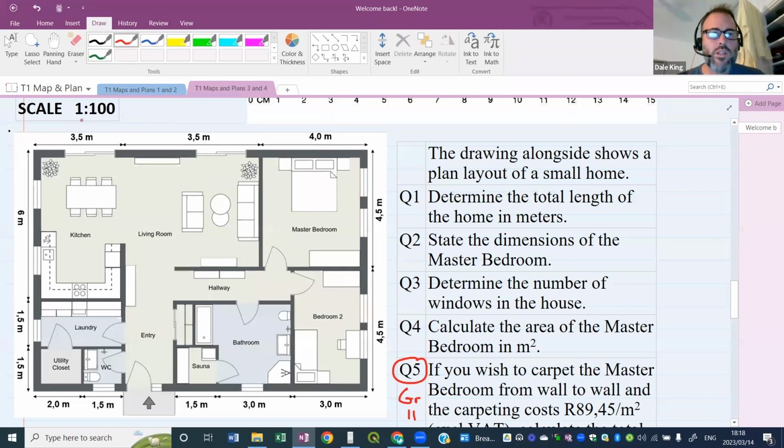Let's see if you got it: what units am I working in with this ratio scale here? I mentioned this last week, Tuesday, when we did scale. What are the units of this ratio scale 1 is to 100? Anyone?